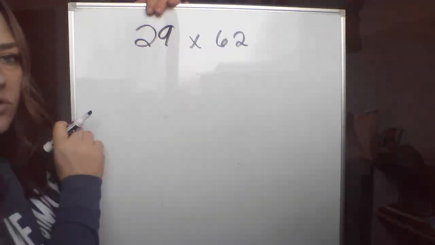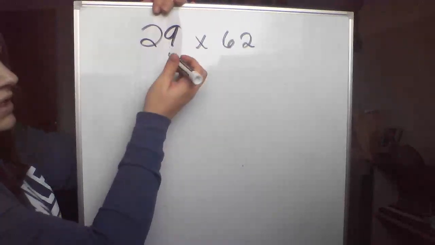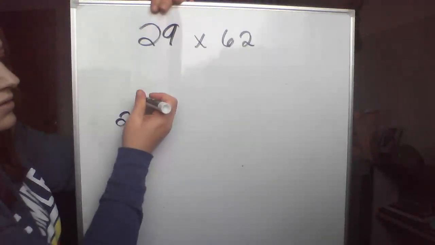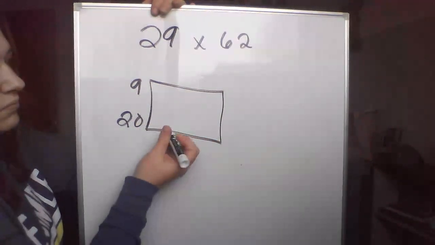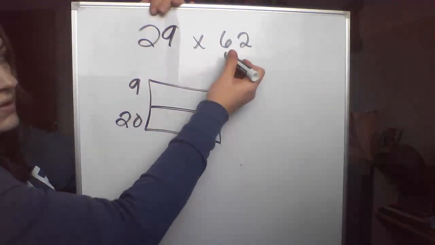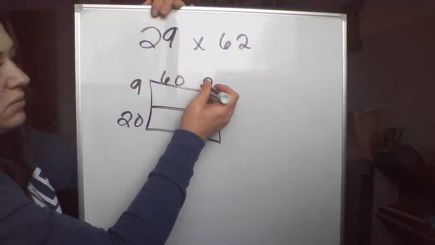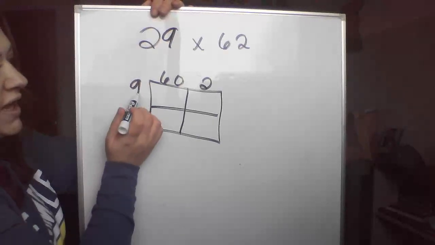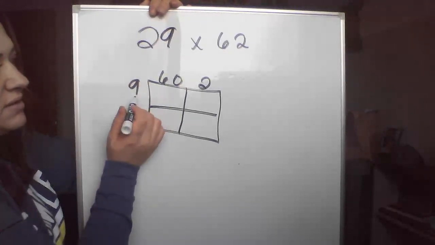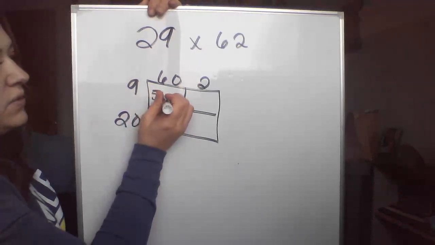Okay, 29 multiplied by 62. Set up our area model, 29, 62. Now we multiply. 9 times 6, 54.